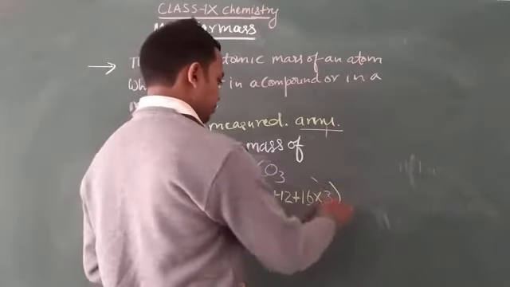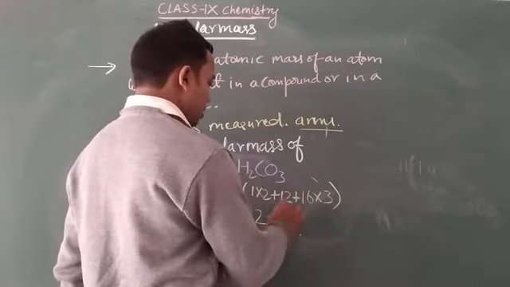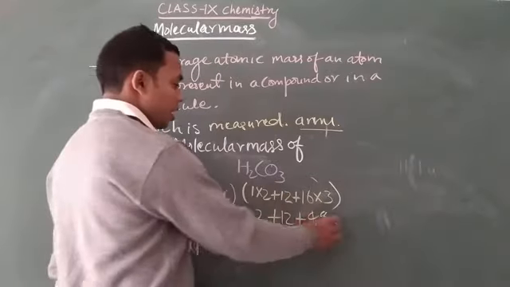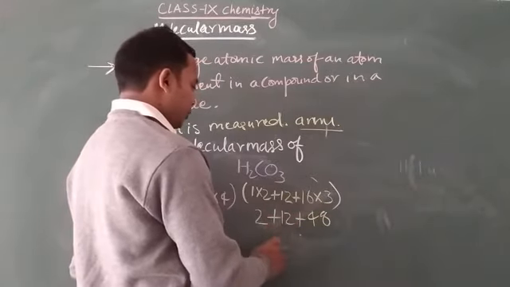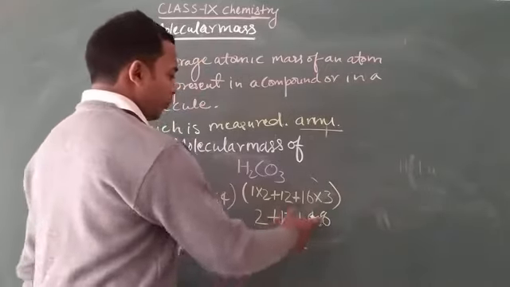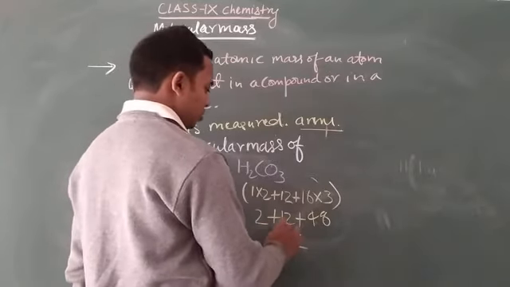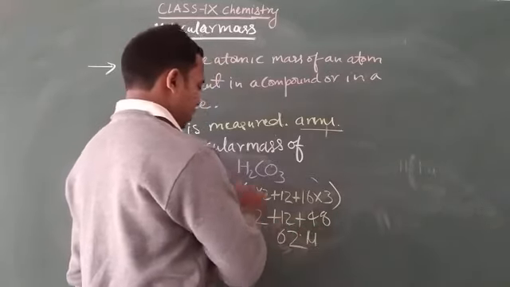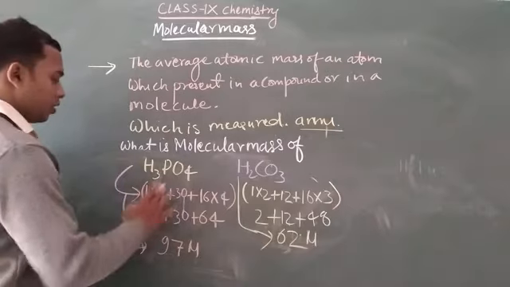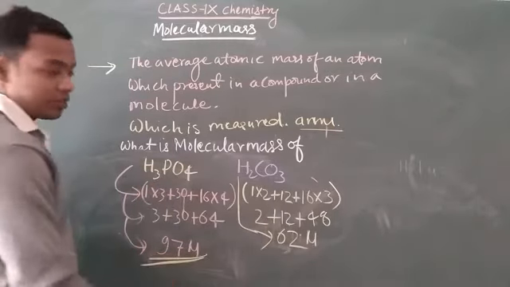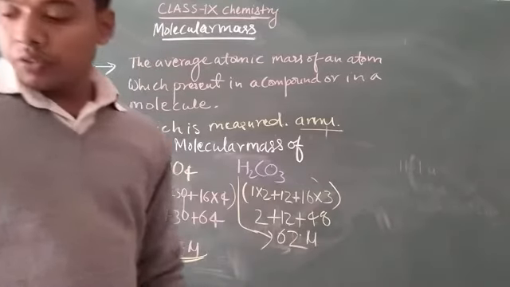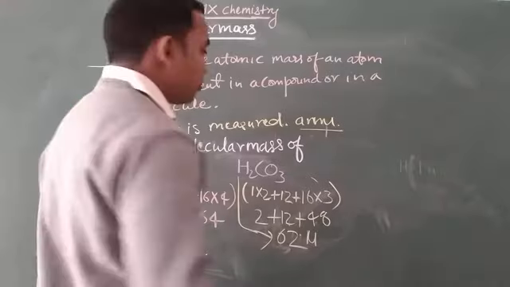After that we will see 2 plus 12 plus 48, and 8 plus 2 is 10, 2 carry 1, 4 plus 2 is 6, 62 unified mass, the molecular weight of carbonic acid, and this is the molecular weight of phosphoric acid. In this way, we have seen the next molecular mass.